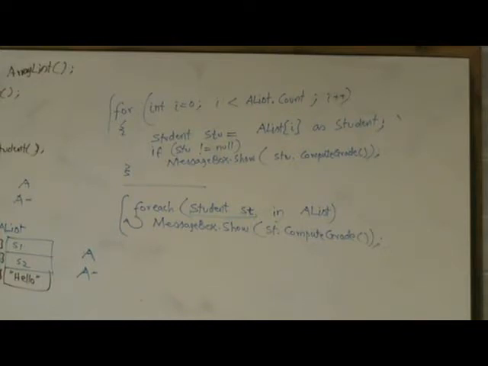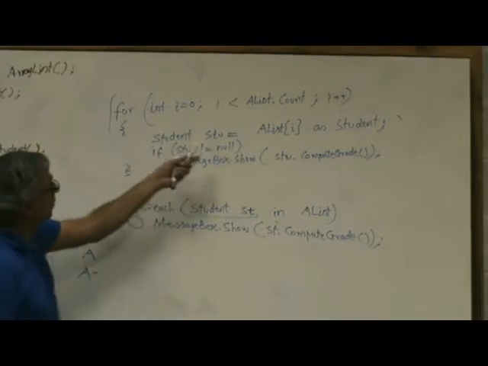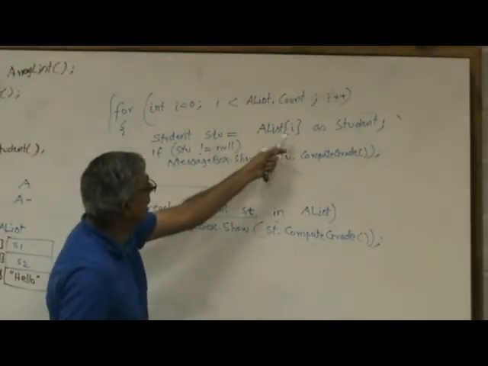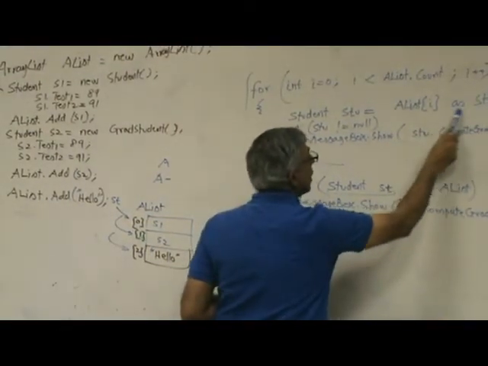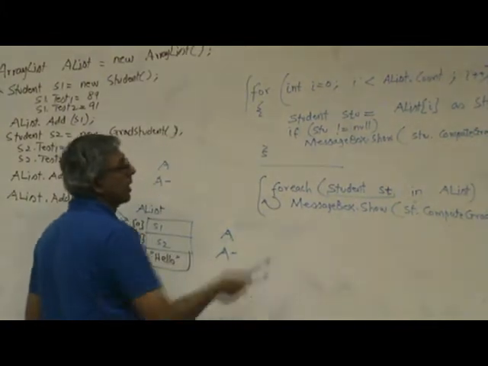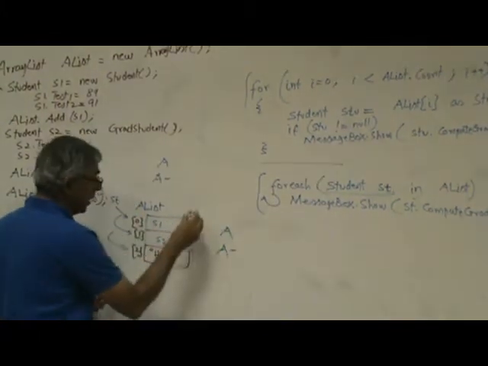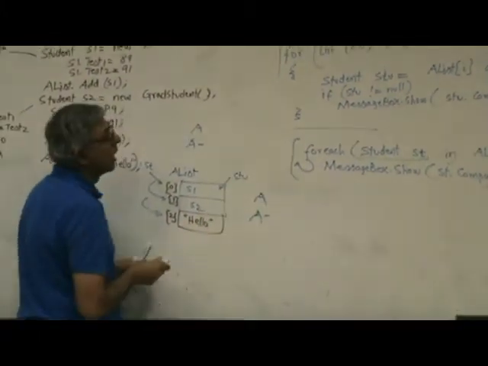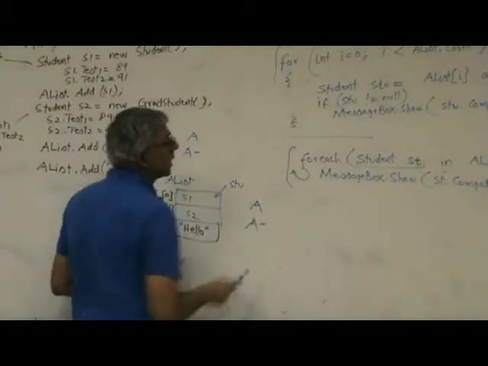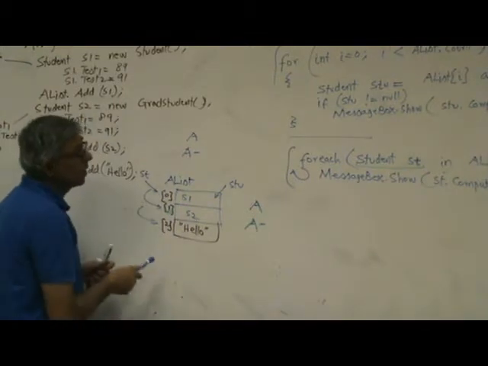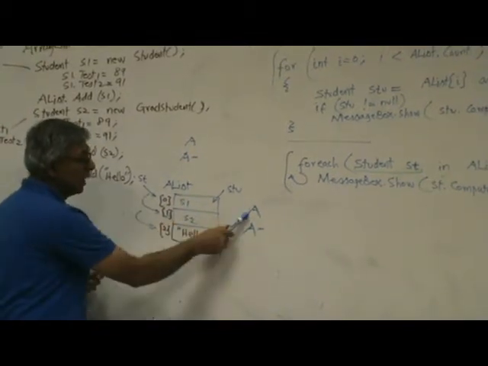Now let's take a look over here. Very first time through this loop, when I is 0, can A list of 0 be successfully converted to a student? Yes. So then stu will point over here, correct? And since it's pointing to an object, obviously it's not null. So message box.show stu.compute grade, will it print A?